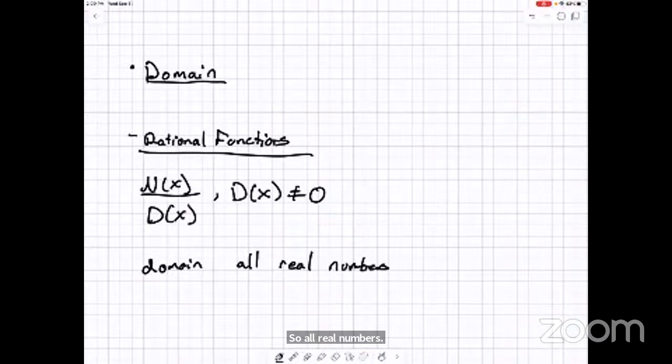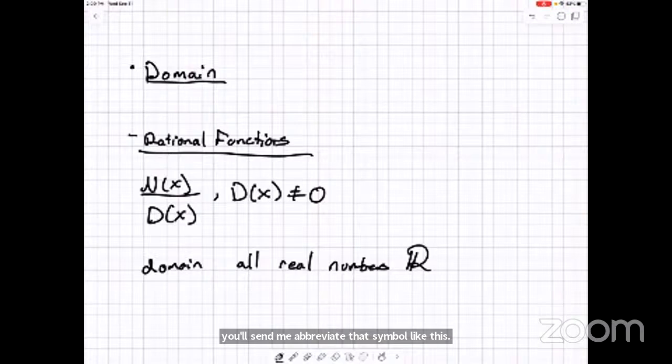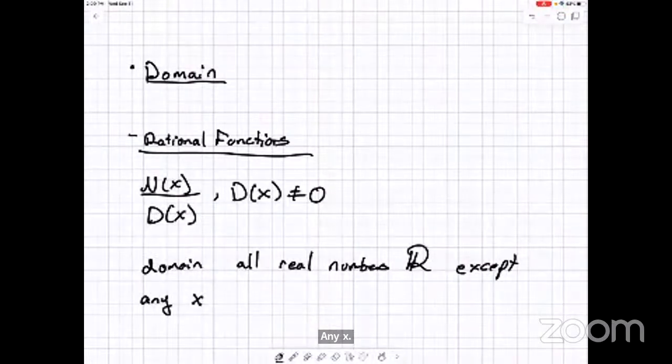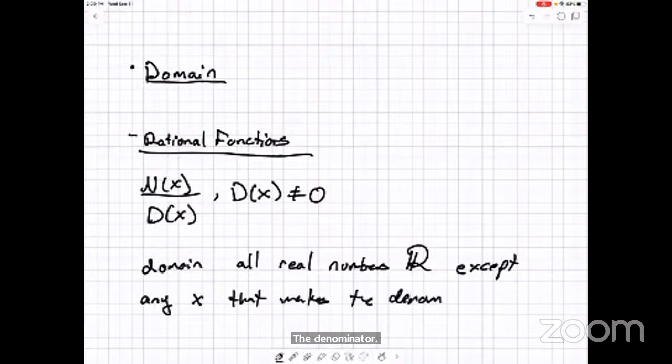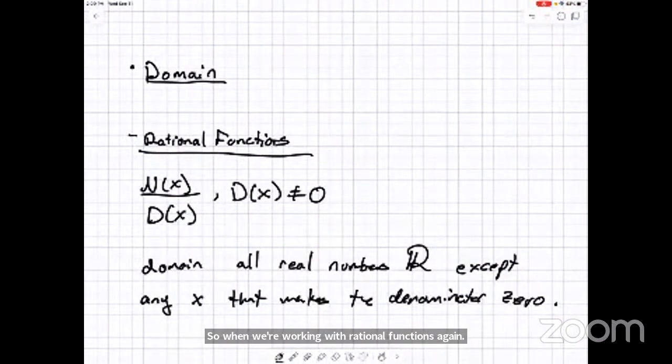So all real numbers except any x that makes the denominator 0. Okay? So when we're working with rational functions, again, in general, the domain is all real numbers except any x that makes the denominator 0.